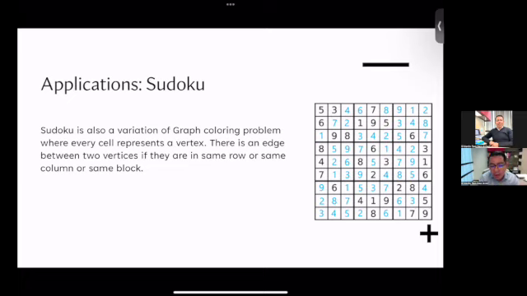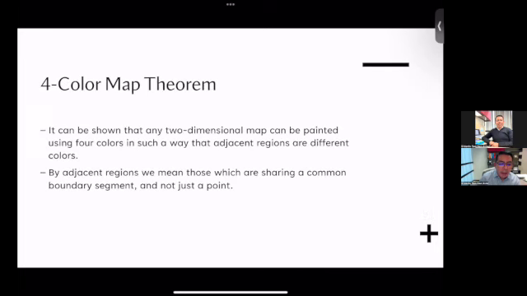And then we can apply a modification of graph coloring algorithms in order to solve the Sudoku. So multiple applications for this problem, but let's go into more detail about what we mean by these coloring things.